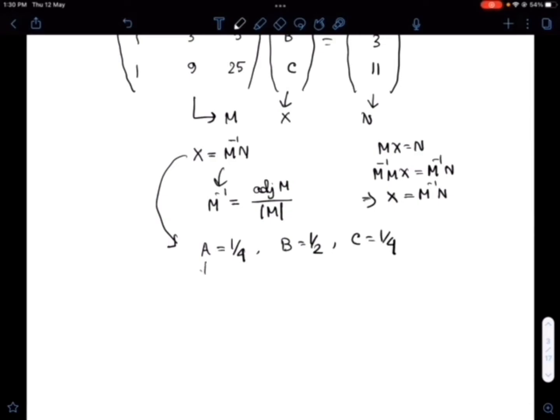Now what is A? A is C0 square, which is 1 by 4. B is C1 square, 1 by 2, and C is C2 square, which is 1 by 4. That means the ground state probability is 1 by 4, the first excited state probability is half, and the second excited state probability is 1 by 4.